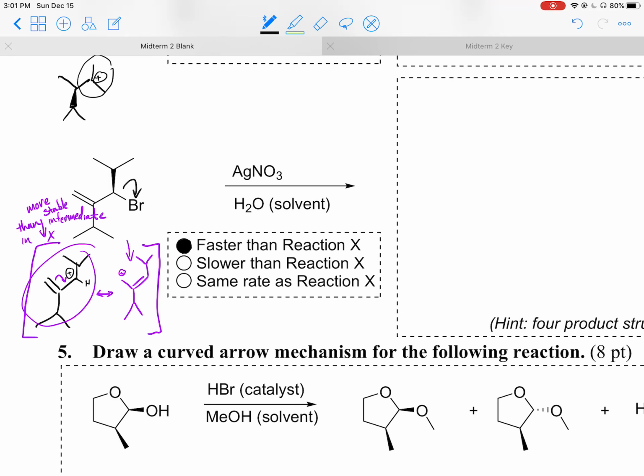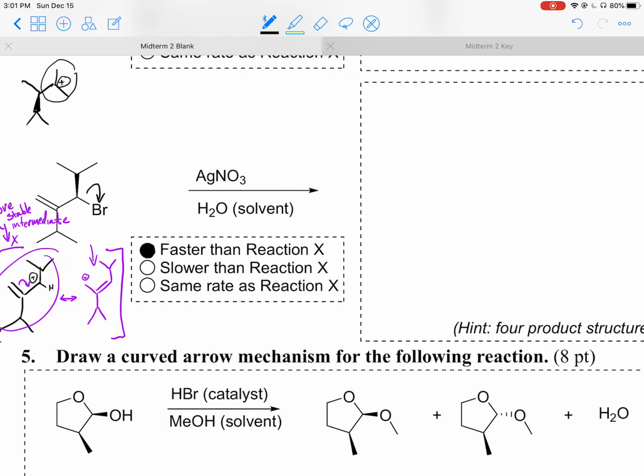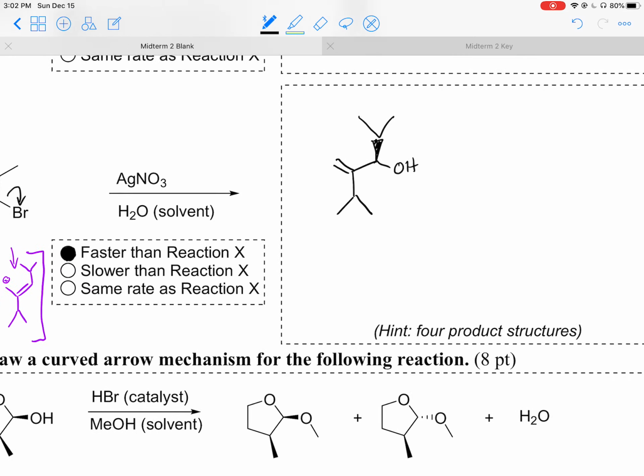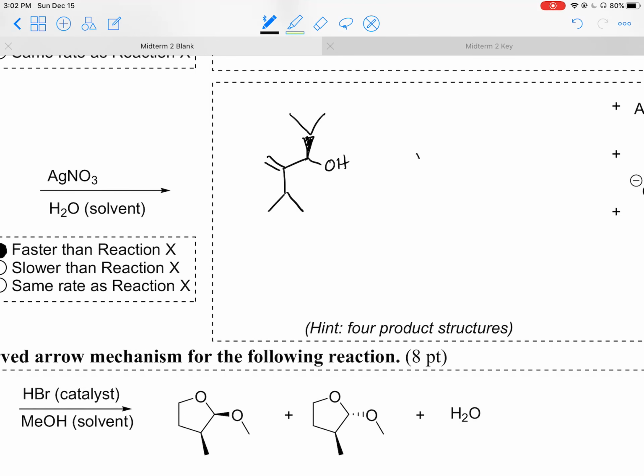so it's going to be the same kind of thing for the first two products, where we can have our two resonance structures. We can have the isopropyl like this, and the OH here, or the isopropyl can be pushed back and the OH here.